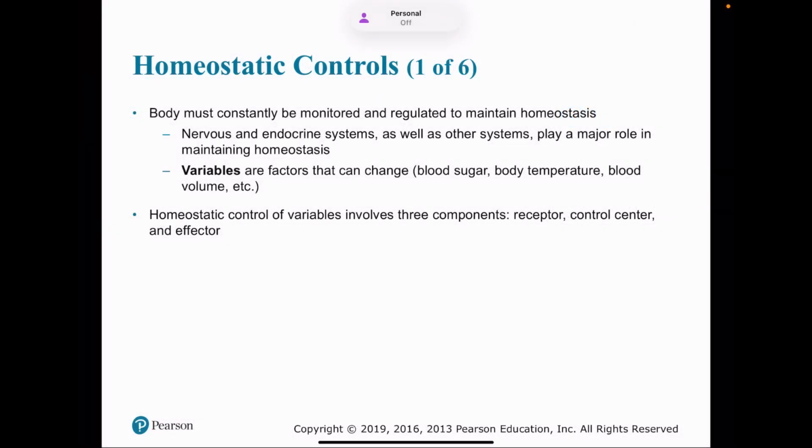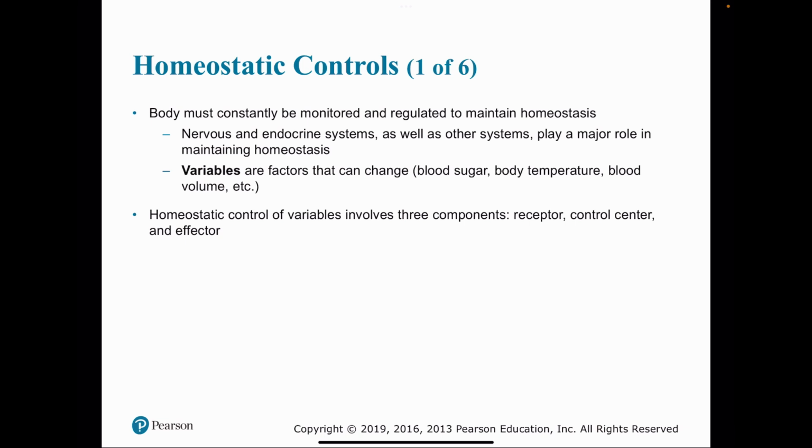All right, so let's talk about homeostatic control. So, of course, the body is constantly going to be monitoring and regulating all of the different body systems and their variables to maintain homeostasis. So, the nervous system and the endocrine system are going to be the major systems that will be monitoring all these changes, but other systems will also play a major role in this.